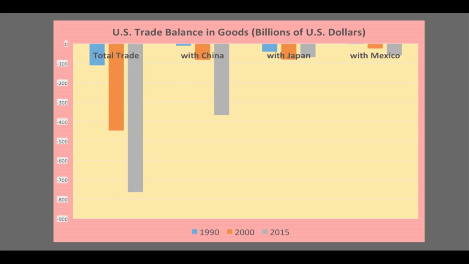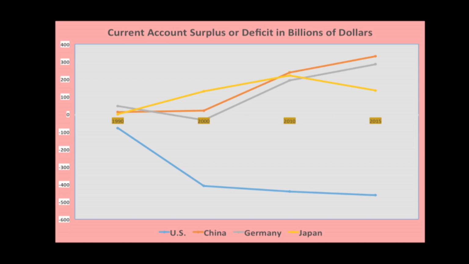First, the U.S. continues to buy more merchandise from the rest of the world than we sell, and we've done this for some 40 years. The overall U.S. deficit in goods rose from $111 billion in 1990 to $763 billion in 2015.